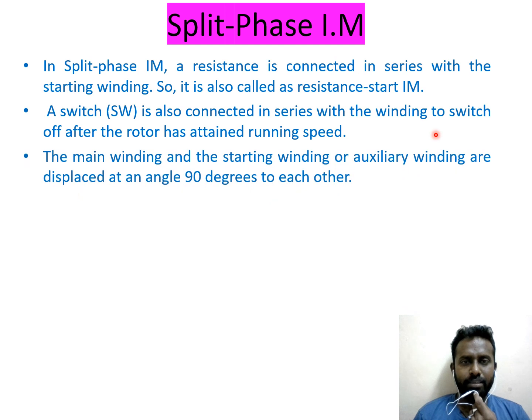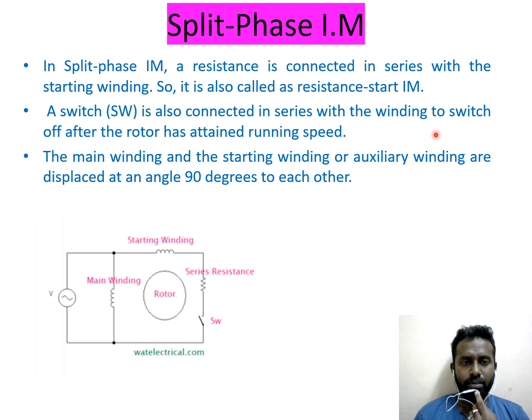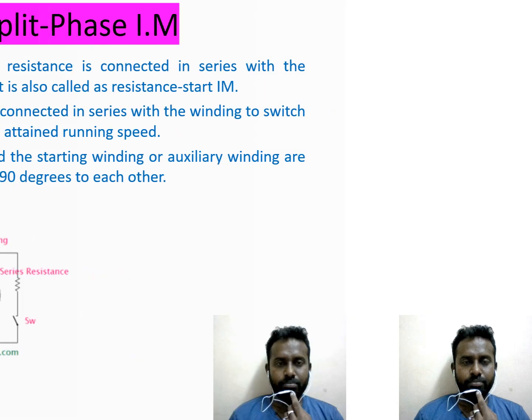The main winding and the starting or auxiliary winding are displaced by an angle of 90 degrees to each other. You can see this is the starting winding and this is the main winding, and a resistance is connected in series with the centrifugal switch, and we have discussed the importance of this splitting of main and starting winding. This is a series resistance, so it's also called a resistance start induction motor.